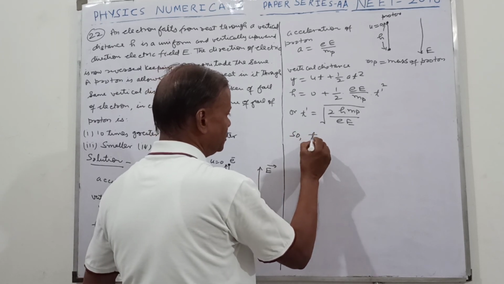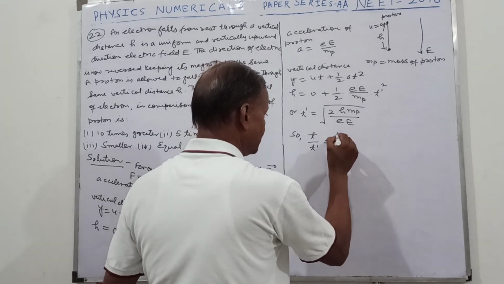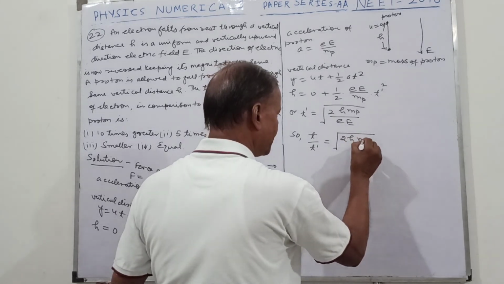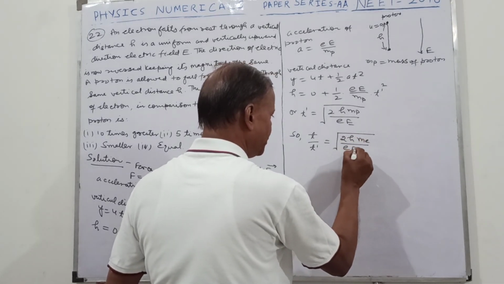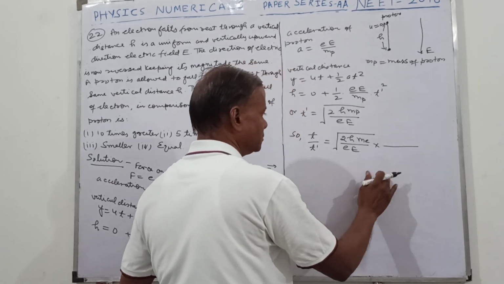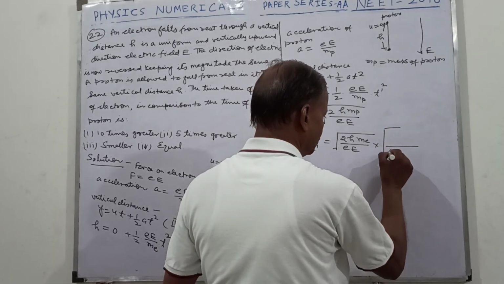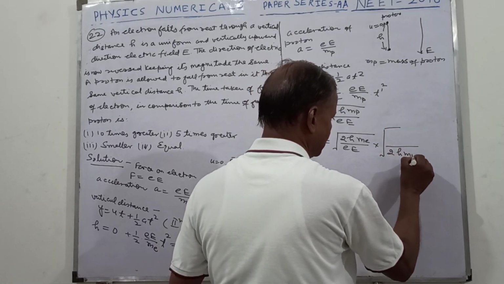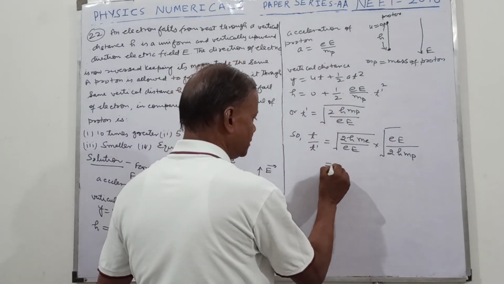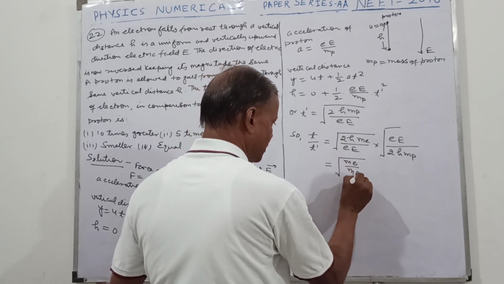So t upon t dash. T is the square root of 2h me upon eE, into the square root of eE upon 2h mp. So all these terms will cancel, and we have the square root of me upon mp.